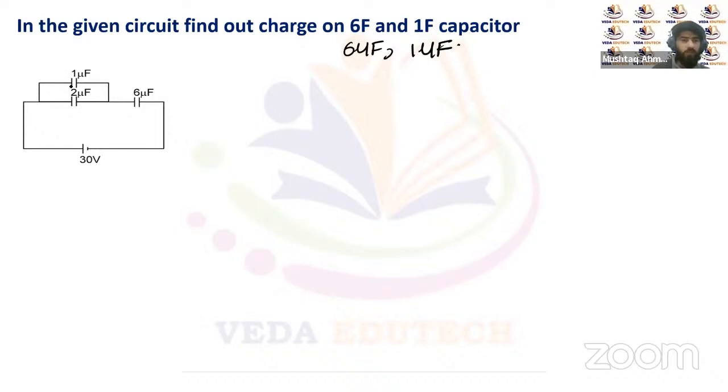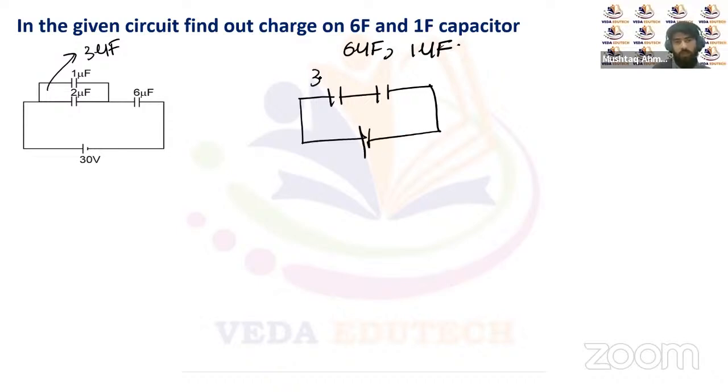The 2 microfarad and 1 microfarad capacitors are actually parallel to each other, so their equivalent capacitance will be 3 microfarads, right? And this 3 microfarad capacitor will be in series with the 6 microfarad capacitor.